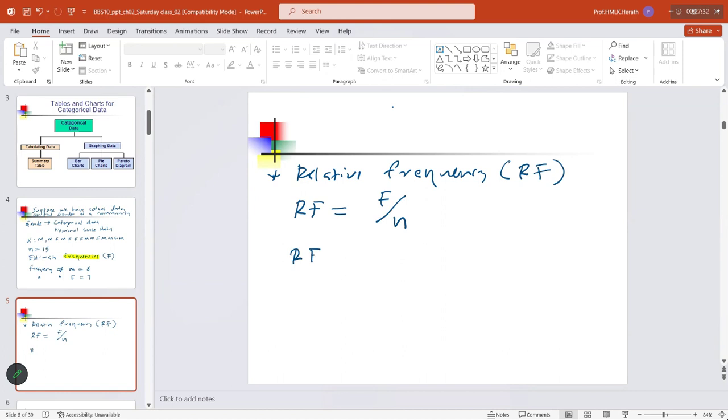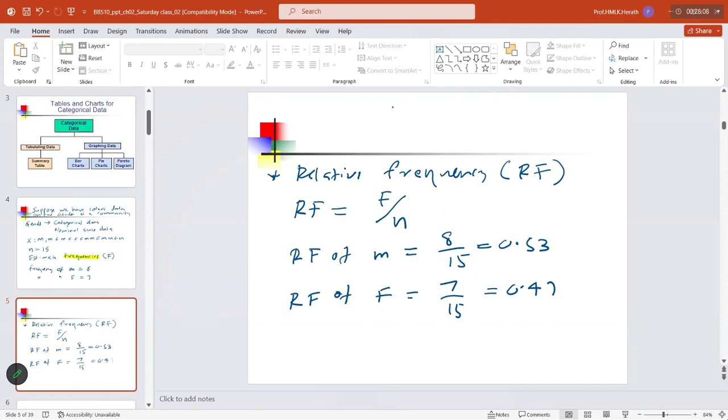The relative frequency of male equals 8 divided by 15, which equals 0.53. The relative frequency of female equals 7 divided by 15, which equals 0.47.